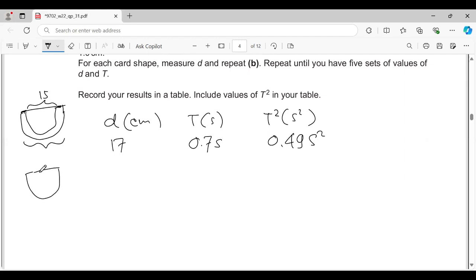Again, we're going to cut 1 centimeter, so 15. For 15, through my experiment, the period is 0.6 seconds. So T squared is 0.36 seconds squared.